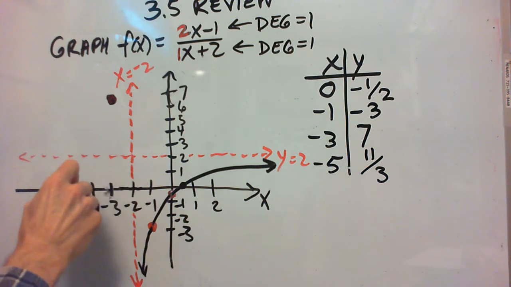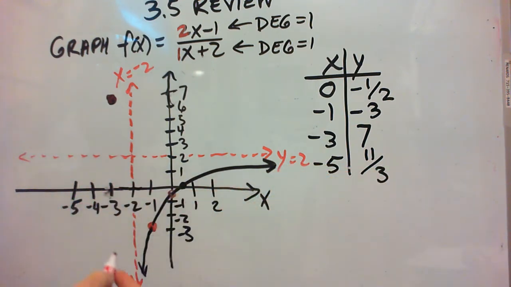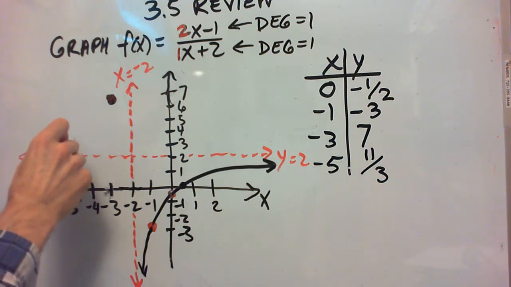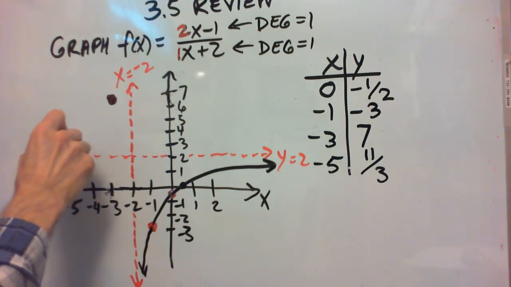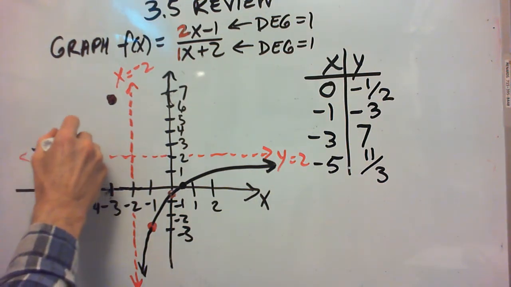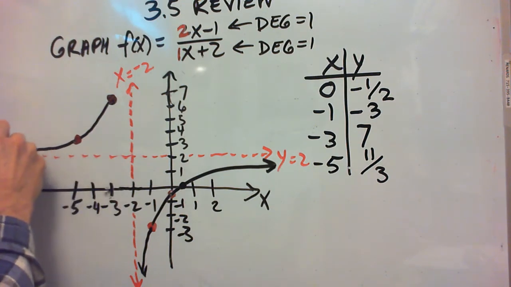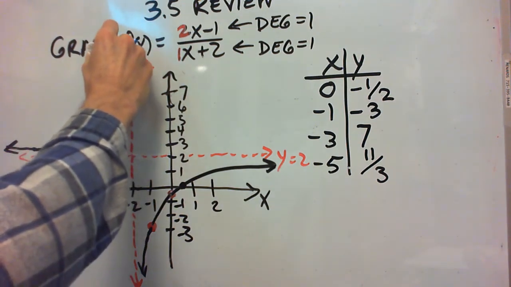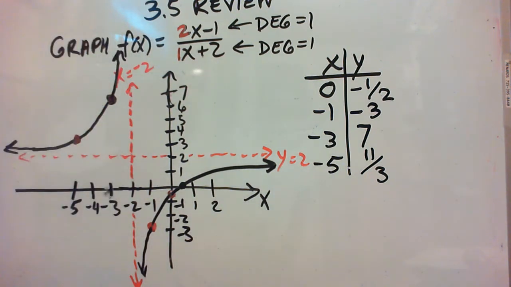And when x is negative 5, we're at 11/3, which is 3 2/3. Right about there. So our graph is trending down towards the horizontal asymptote and then heading up on the left side of the vertical asymptote. And that's the graph.